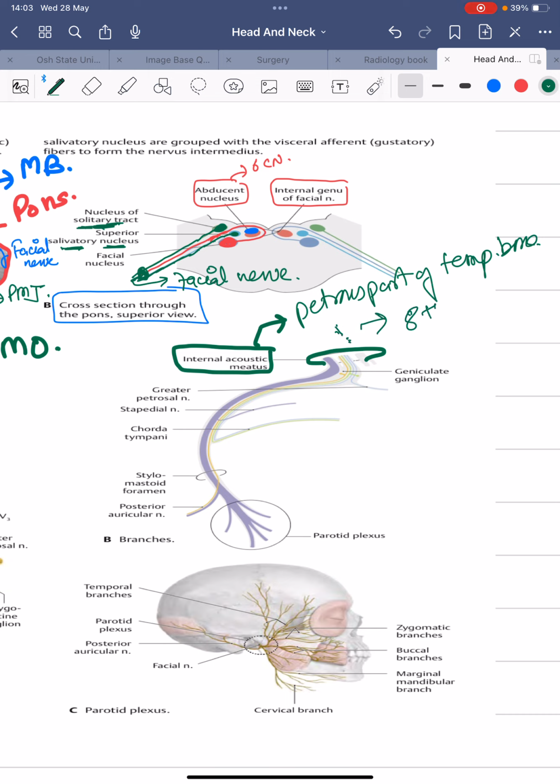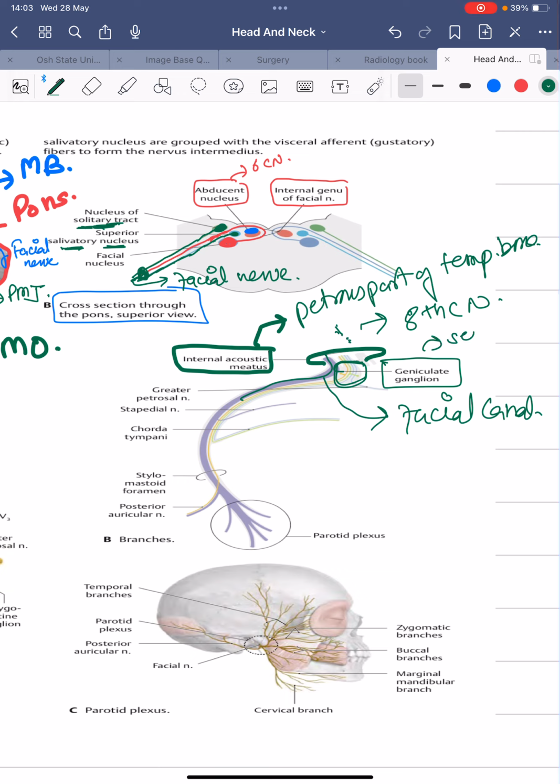The 8th cranial nerve. After that, it will enter the facial canal, and then it reaches the middle ear cavity. When it reaches the middle ear cavity, it has a swelling like this. This is known as the geniculate ganglion.